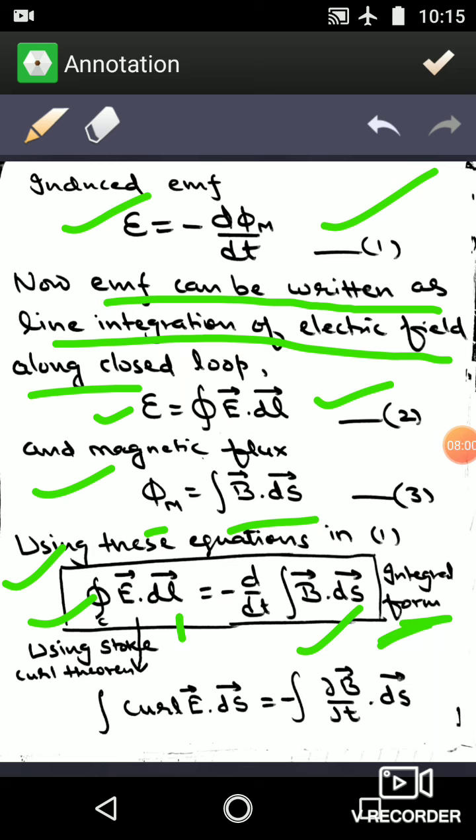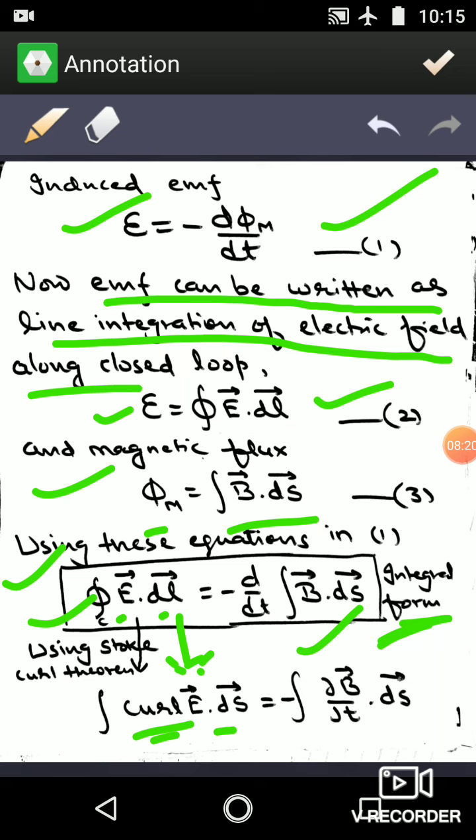And here I have used Stokes curl theorem to convert line integration into surface integration, and it can be done by taking the curl of electric field. Here I have E dot dl, and here I have curl of E dot ds.